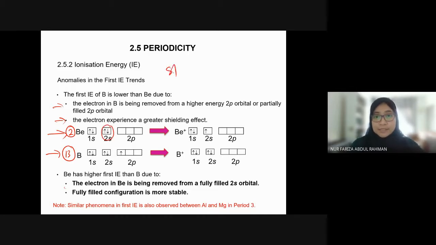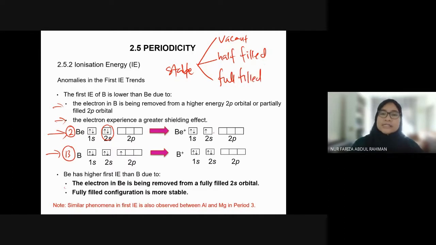Remember, to be stable, there are 3 conditions. One, vacant or empty, no electron at all. Secondly, it must be half filled, or alternatively, we can also have a full filled orbital. So these are all considered stable.